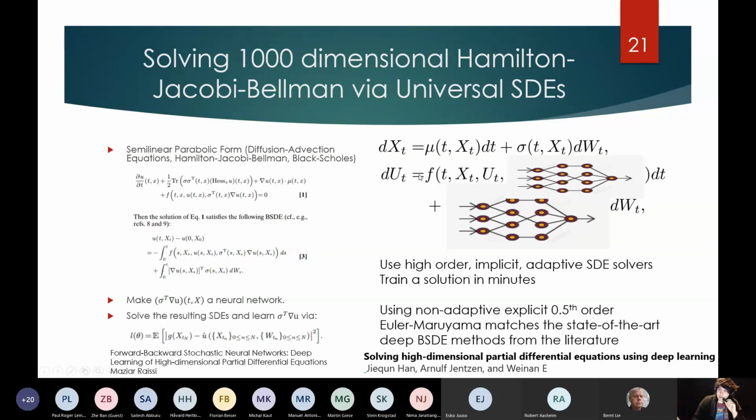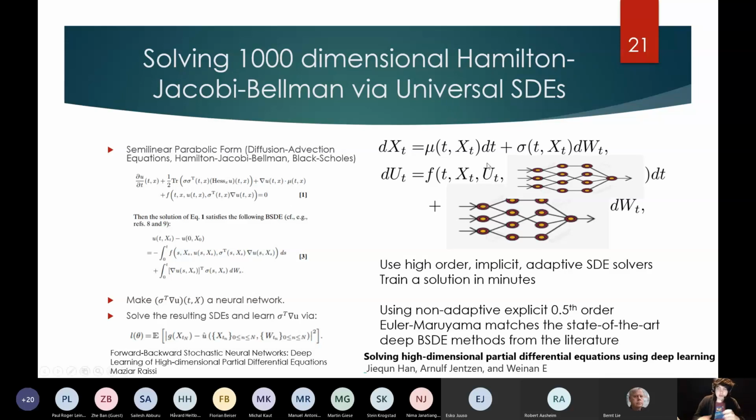So, for example, if we do this in the stochastic differential equation form, if we do an Euler-Maruyama discretization of the stochastic differential equation, you actually recover what the state-of-the-art method is in the literature for this approach. It actually gives you the exact same thing as the recurrent neural network that was used to first solve the 1,000-dimensional differential equation here.